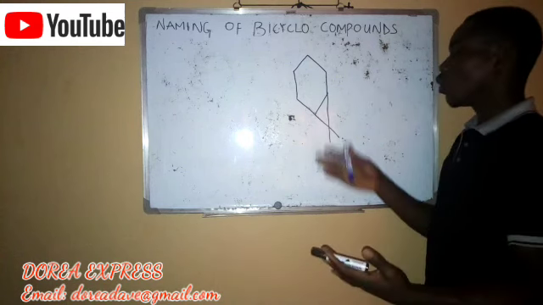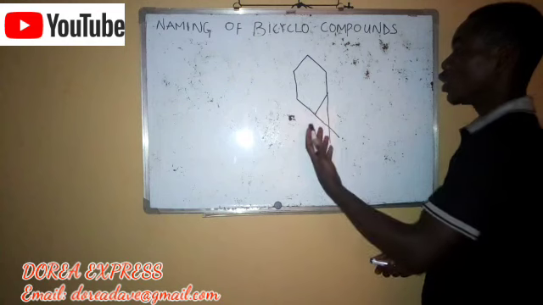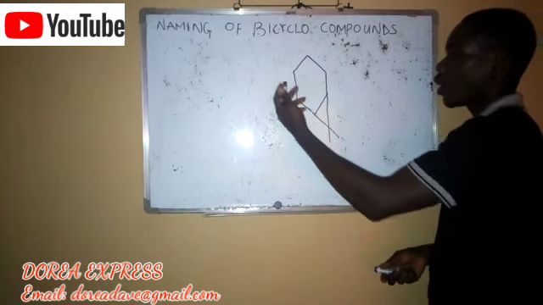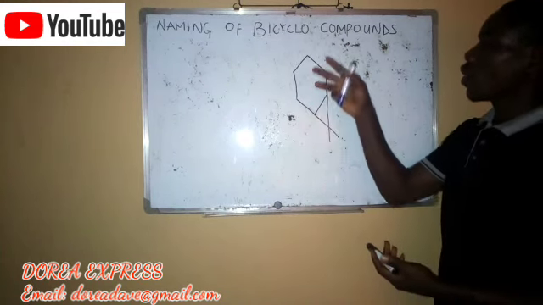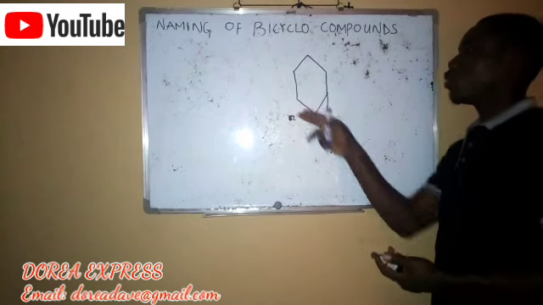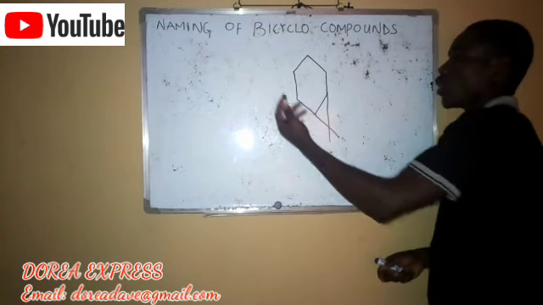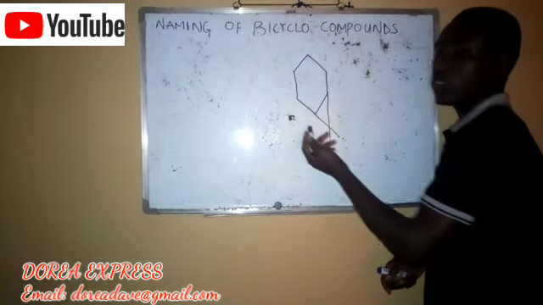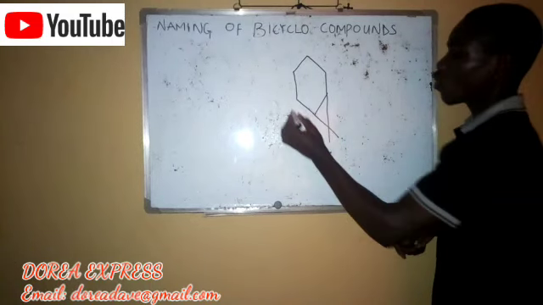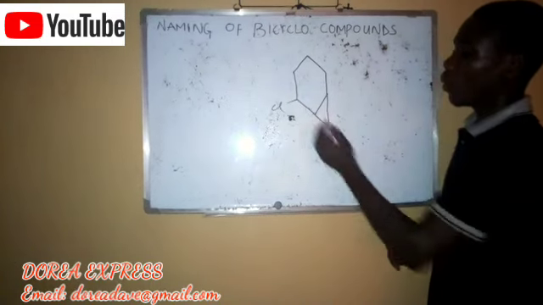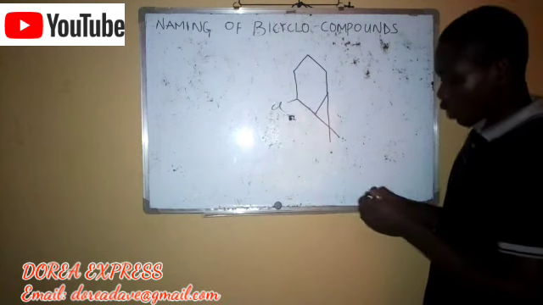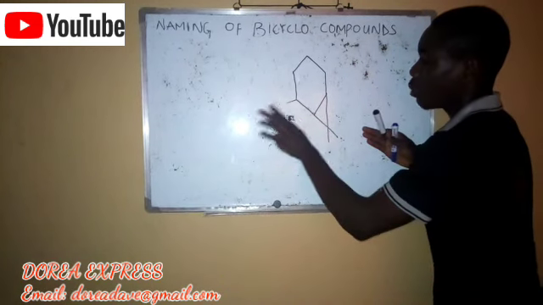In this case, we can follow here and we can follow here. And we can follow any of the sides because we don't have any substituents attached to this ring. Assuming we have something like Cl here, we will follow here. But since we don't have anything, we can decide to follow any place.